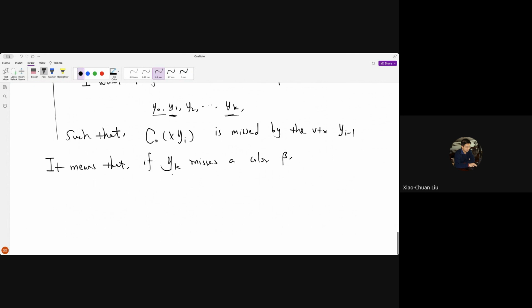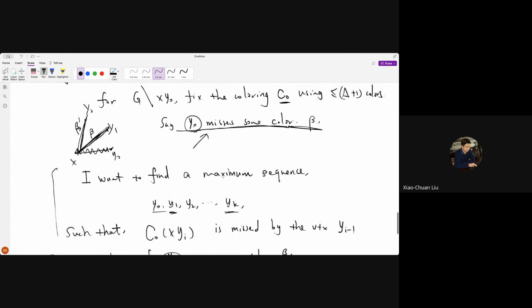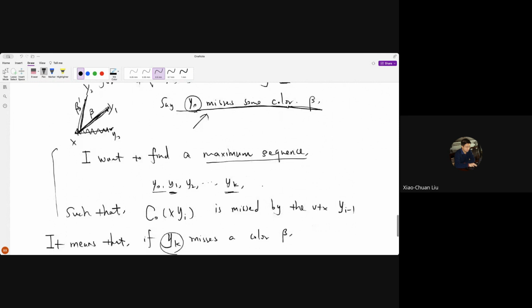So for example, I have found this yk here and so on until here is y0, and this is my starting vertex x. So why do I say this sequence is maximum?